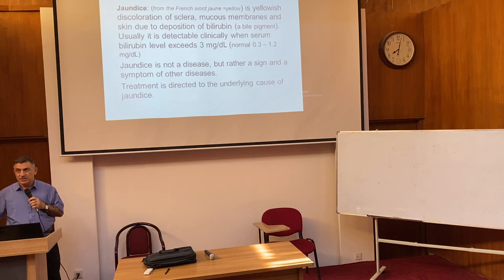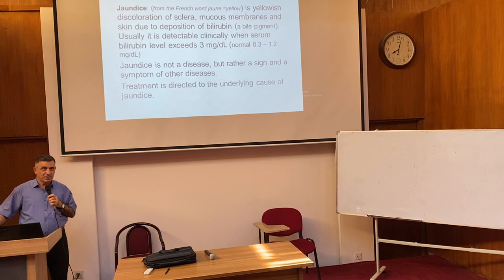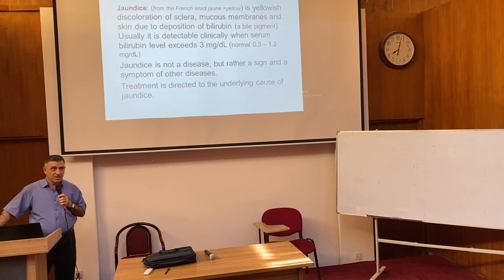Jaundice is not a disease. It is a symptom or sign. Sometimes the patient notices that he or she has yellow discoloration, but sometimes they are not aware, and usually it is detected by the doctor. Then it is called a sign.